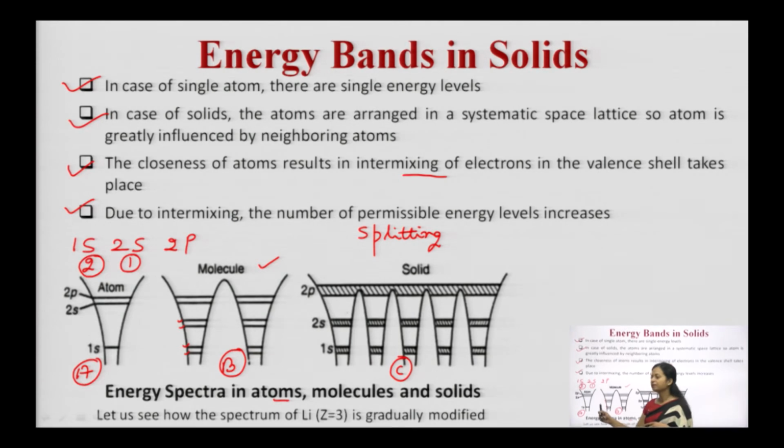So the electron of the 1s shell may occupy any of the levels in either atom A or B. Similarly, when you combine a number of atoms, each and every level is split into two levels. One is known as the lower bonding energy level and the second is known as the higher anti-bonding level. So accordingly this splitting occurs.